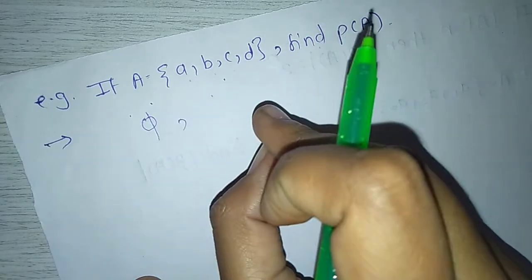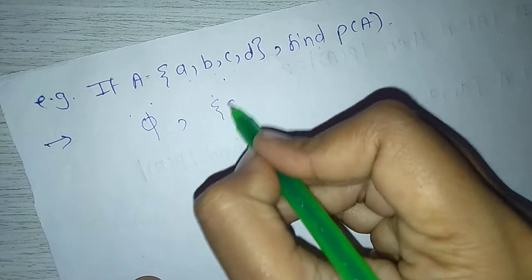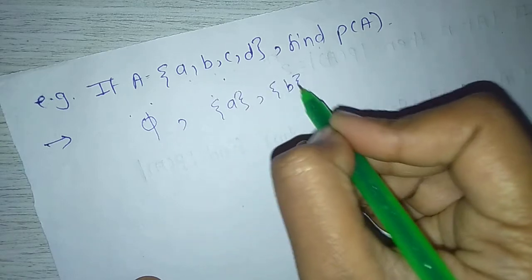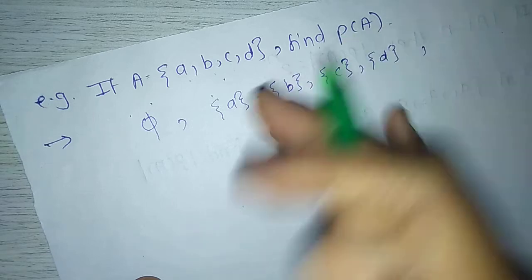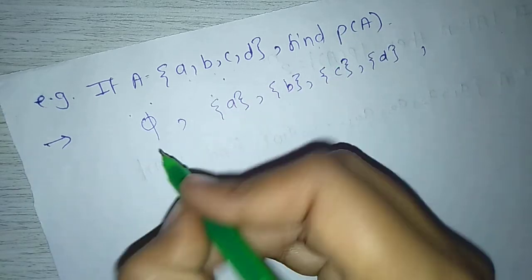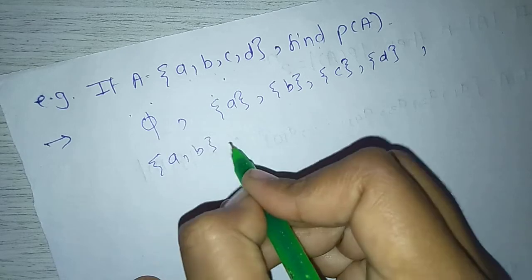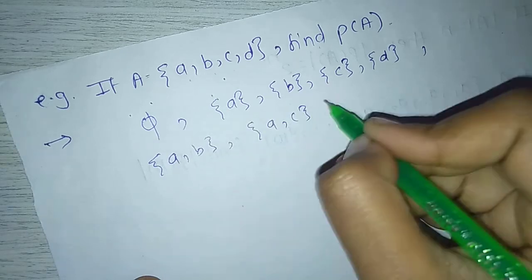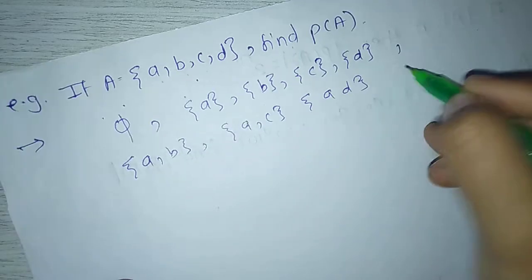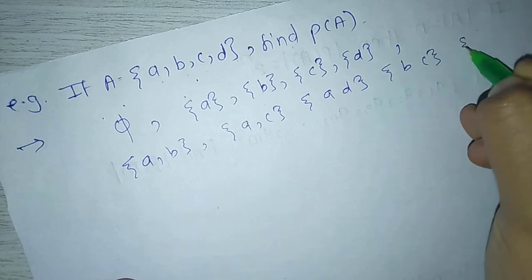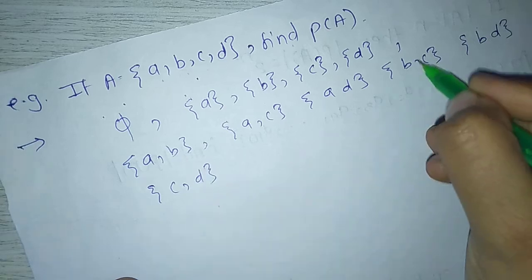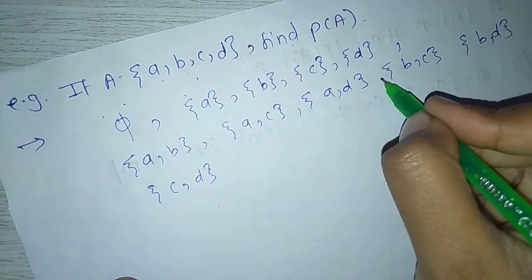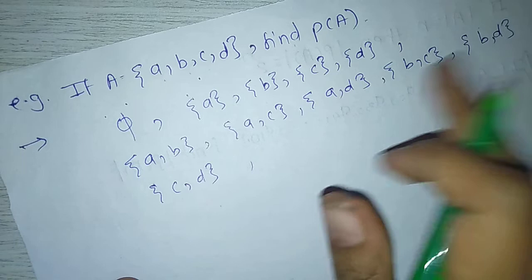Next, all subsets of A having 1 element: singleton A, singleton B, singleton C, singleton D. All subsets of A having 2 elements: AB, AC, AD, BC, BD, CD. That is 6 subsets.